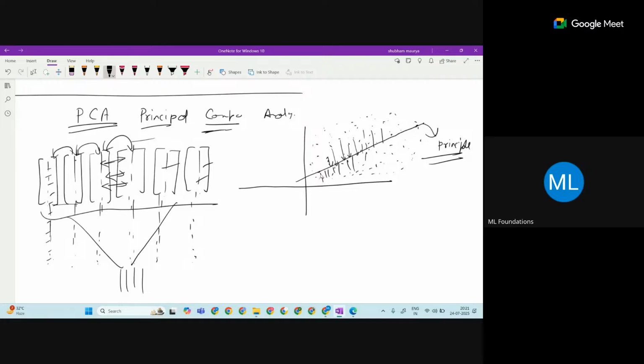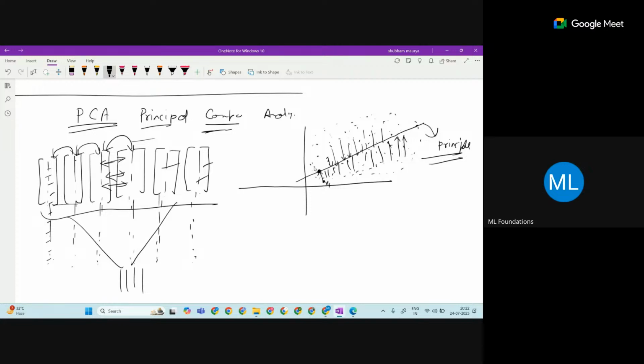the projection word is involved here, as in MSE also you used to see. So we will project it, okay? Suppose here is your data. Once you project it, this is your new data, right? Suppose this is your x1.